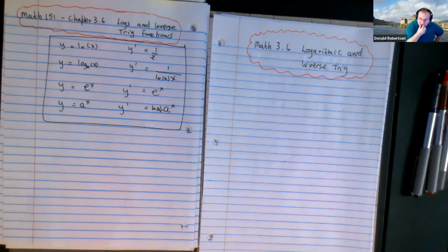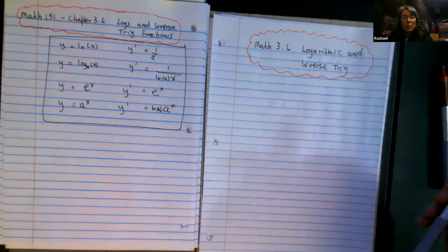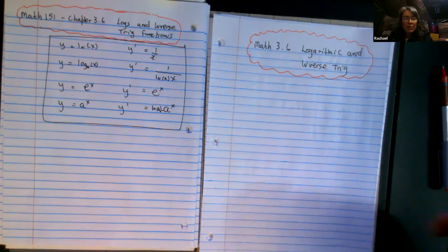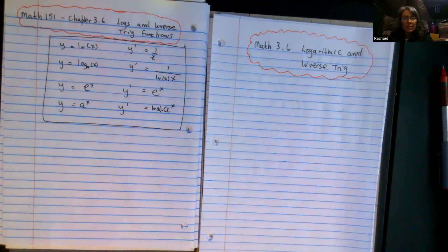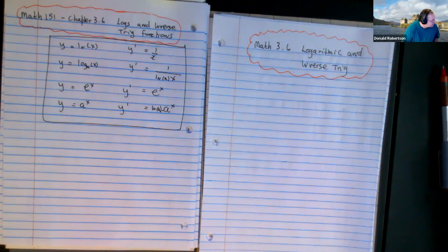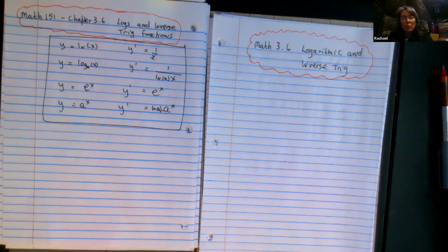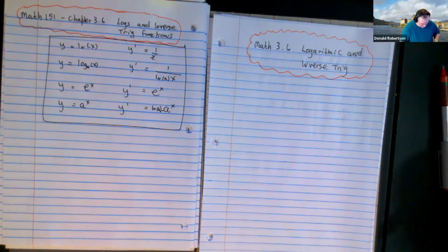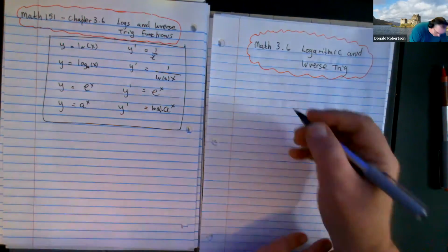I'm not sure what you mean, Rachel. So when you take, say, the derivative of the natural log of x and you turn it into 1 over x, the one on top is the derivative of the inside function. You're right. Yes. Okay. So I'll show you what you're getting at.